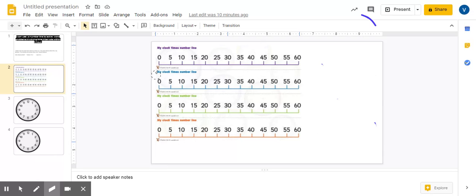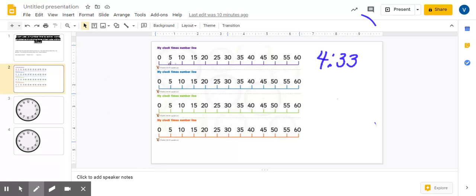So let's say that I decided to read my book, and I started in the 4 o'clock hour. Okay, so I started in the 4 o'clock hour. So let's say that I started reading my book at 4:33.